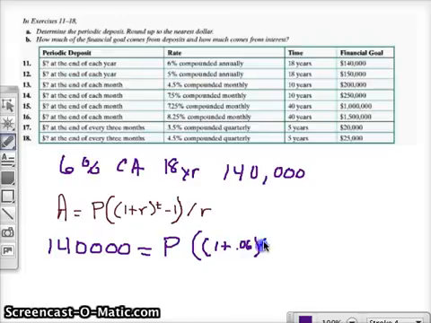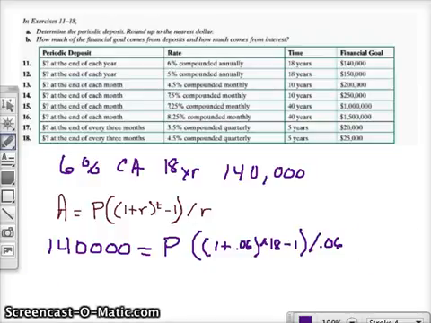Now we're going to do this for 18 years, right? Minus 1, close parenthesis, divided by 0.06. Now how are we going to find P? There are 2 ways to do it. Let me just give you what may be the easier way for you.